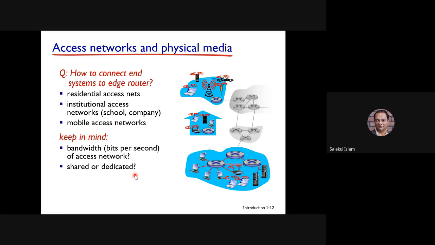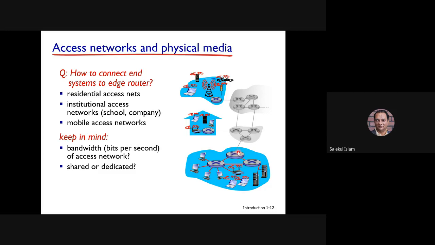For example, at UIU we have a dedicated connection. Dedicated connection means আমি right now ভুলে গেছি, most probably we have few hundreds megabytes. এখন এক্স্যাক্টলি কত আমি ভুলে গেছি, maybe 200 or 300 megabytes or maybe 400 megabytes, something like that, and that is a dedicated connection. Dedicated connection means from say this router, আমাদের ইউআইতে এরকম একটা রাউটার আছে, a single router that connects the whole network with the outside world.